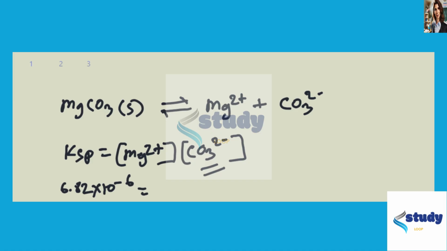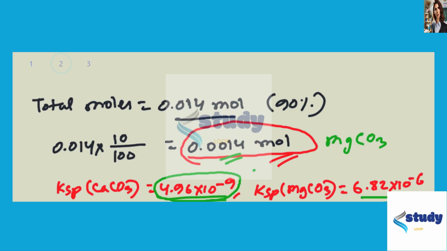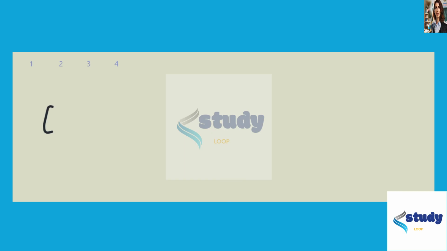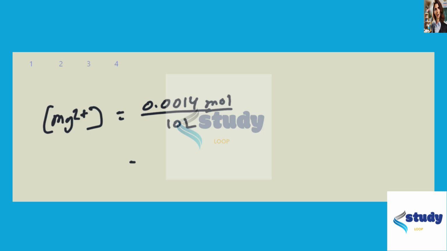And the magnesium ion concentration is basically this number of moles over the volume. Since we're dealing with a 10-liter solution, we divide the number of moles of magnesium carbonate, 0.0014 mole, over 10 liter, that means we will have 0.00014 mole per liter or molar.